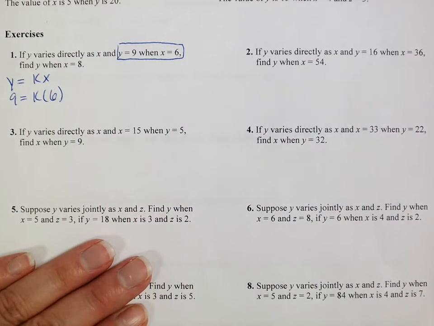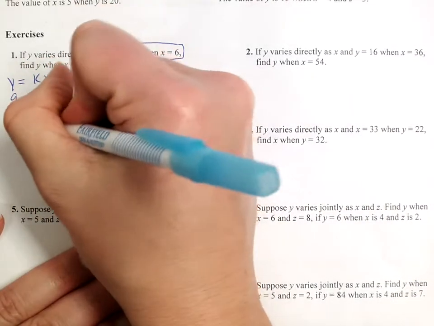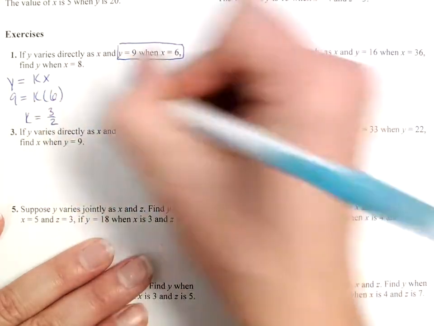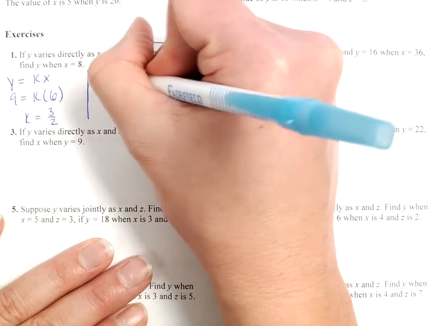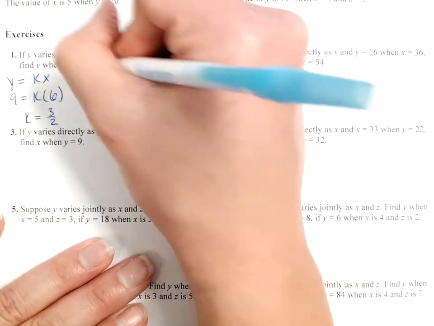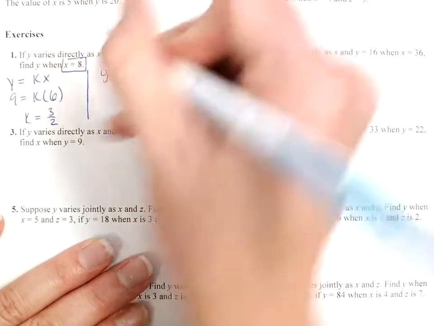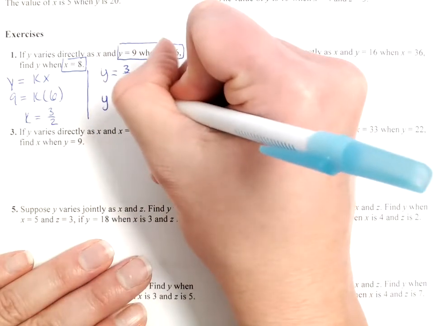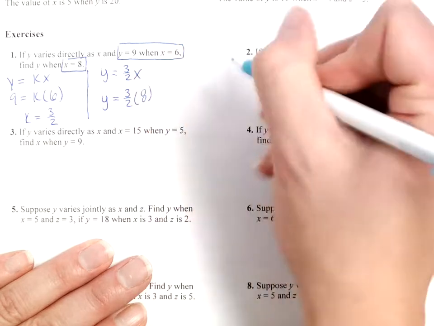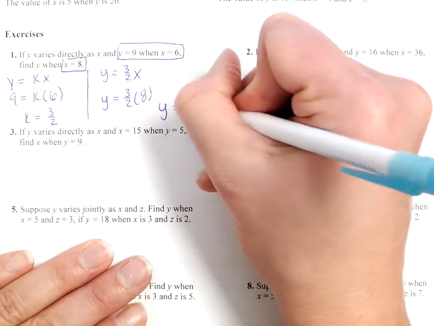If you solve for k here and reduce, you get k equals 3 over 2. Once you know that, use your new equation, y equals 3 over 2 x, to figure out what y is when x is 8, or whatever the other number they give you. So that gives me y equals 3 over 2 times 8. If you simplify that, y equals 12.